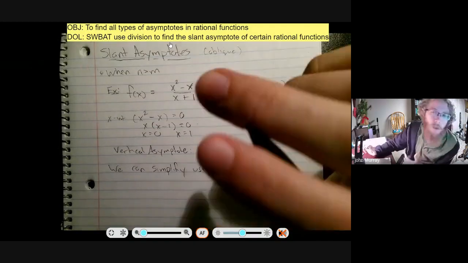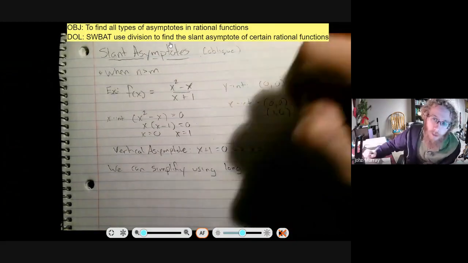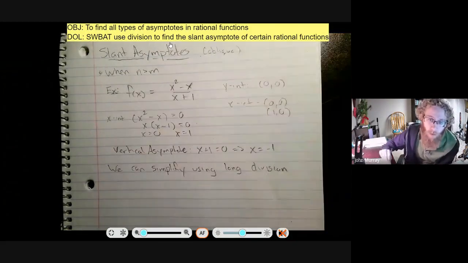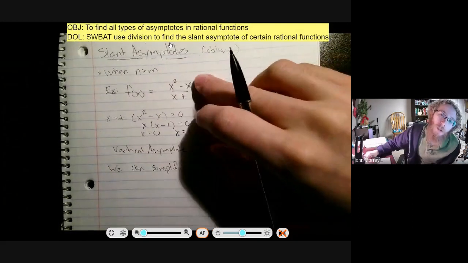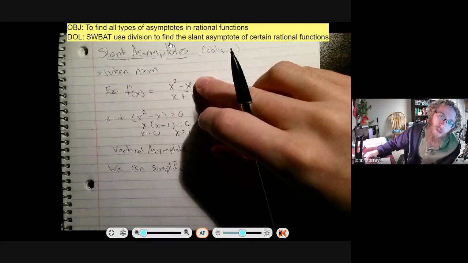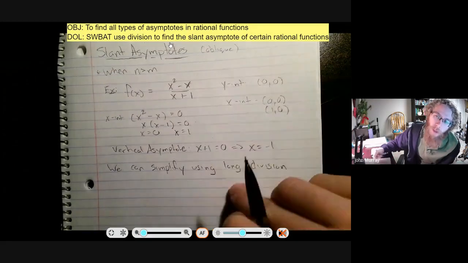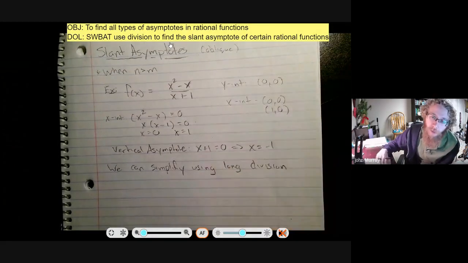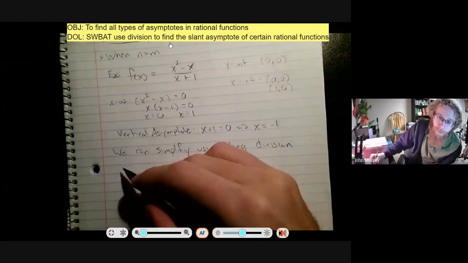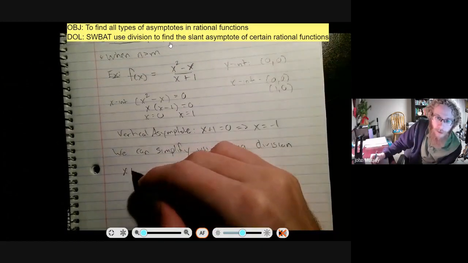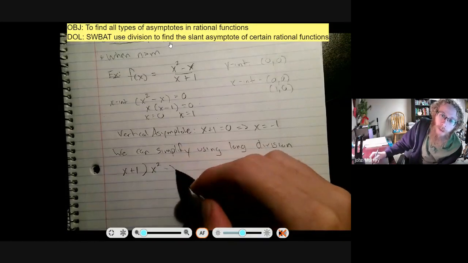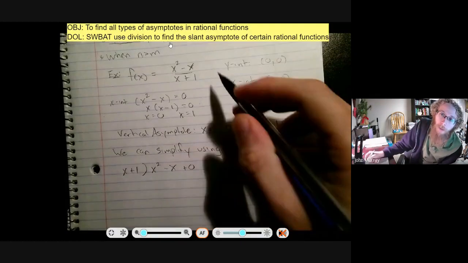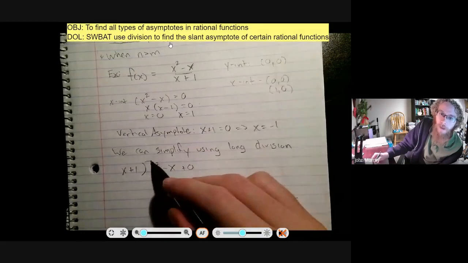Remember, one of the things that we want to do is try to simplify as far as possible to help us find all of our parts. Because our numerator is a higher degree than our denominator, we can use long division to simplify it. So I'm going to set up our long division. I have x plus 1 on the outside. I have x squared minus x, and I'm going to put plus 0 since we don't have a constant term.